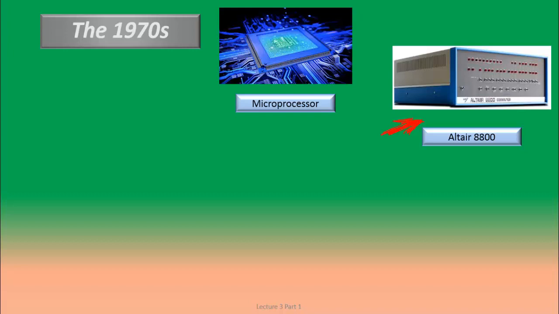A fellow named Ed Roberts took that challenge and built the very first one that you see right here, this little kit called the Altair 8800, a working machine that used a microprocessor. It didn't do much. It flashed a few lights according to some instructions that the operator put in, but it was still a computer and it still used a microprocessor.